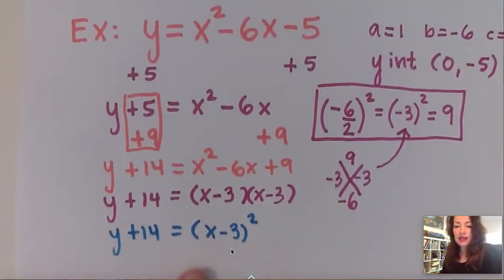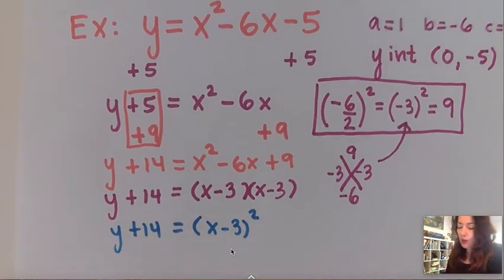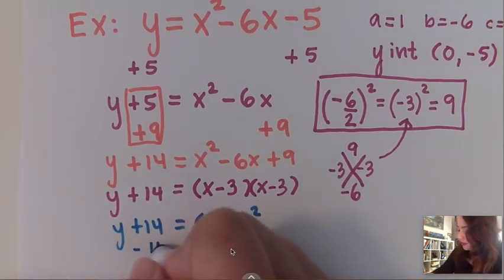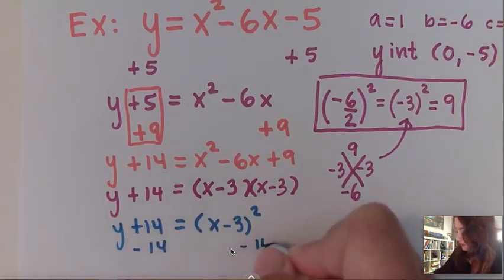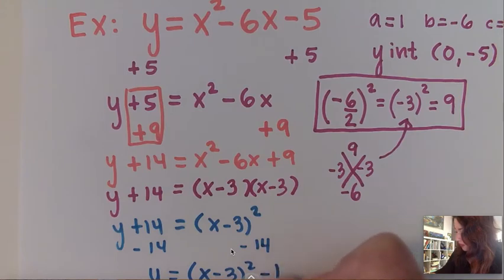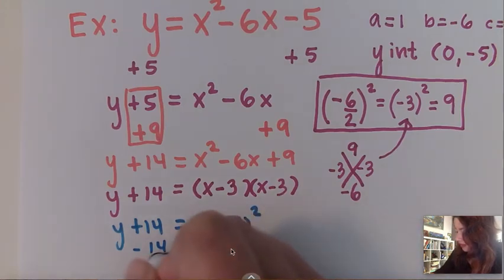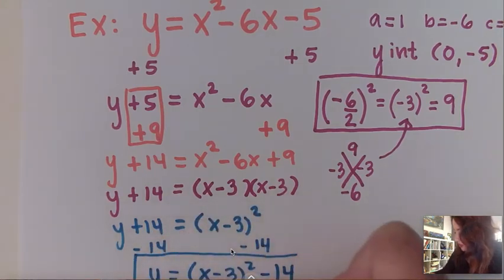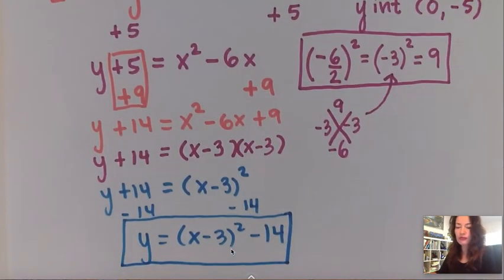The last step is to subtract 14 on both sides because we want to isolate y. So we have y equals (x minus 3) squared minus 14. And now our equation is in vertex form.